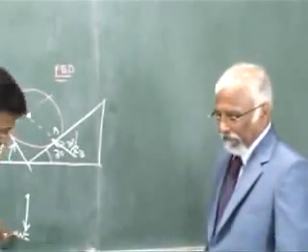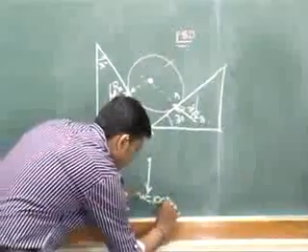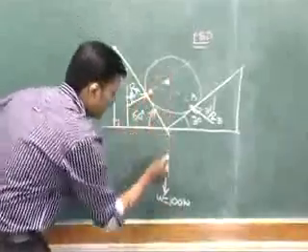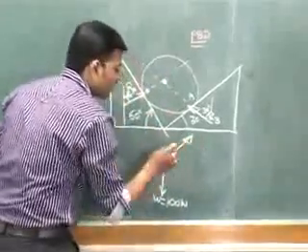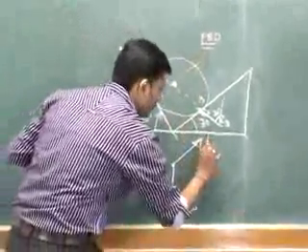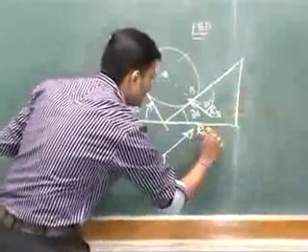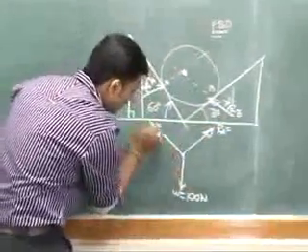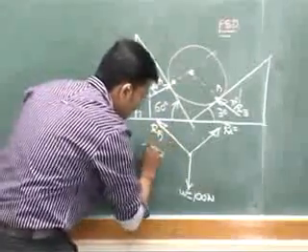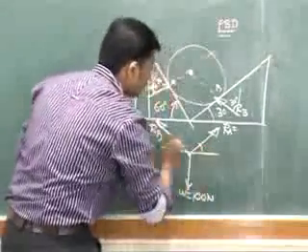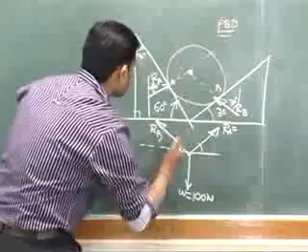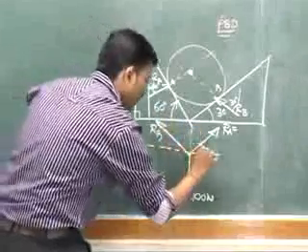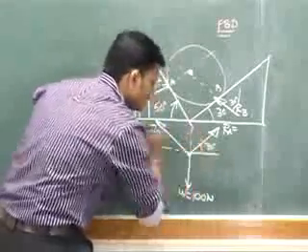The weight of the ball is given as 100 Newton, and the first reaction RA is acting in this direction, according to the line of action of force, and the second is RB. The angle with respect to vertical is 60, so the angle with respect to horizontal will be 30.